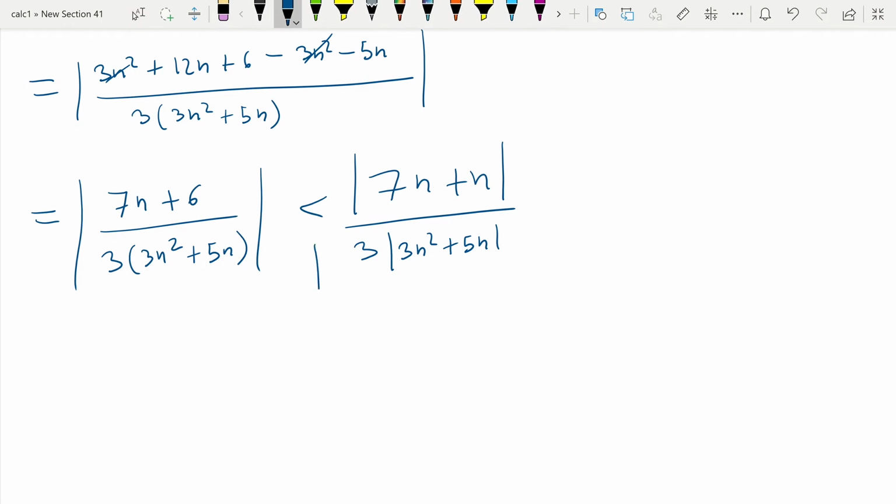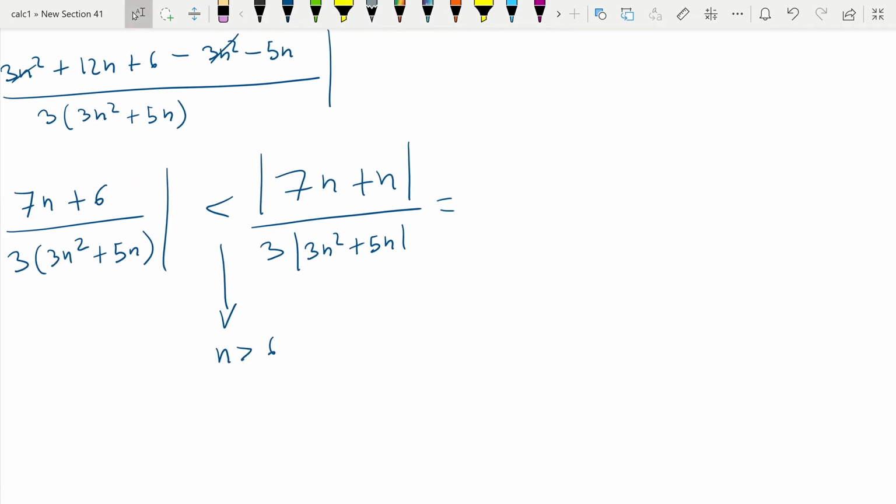And this inequality is going to be true when n is greater than 6, strictly greater, because we're using strict inequality here. This term is going to be larger than that. And so now we've simplified it. The whole point I'm trying to make is that we have to simplify this expression to be able to find a value for n.